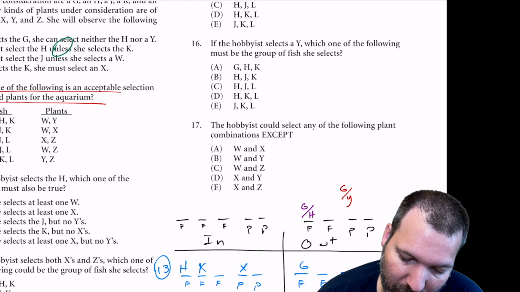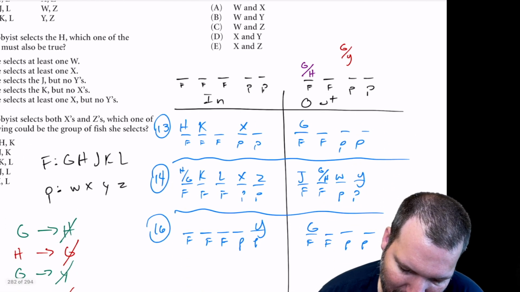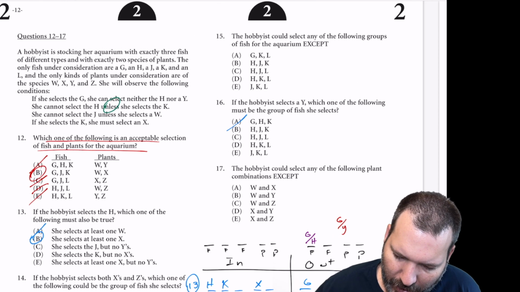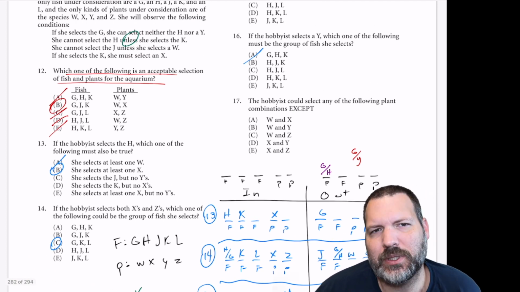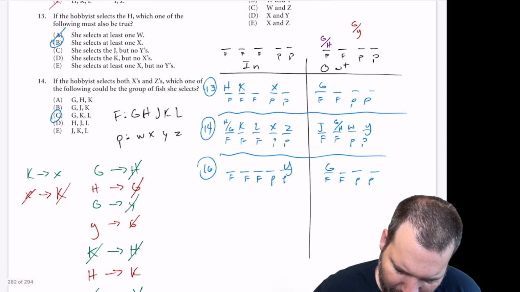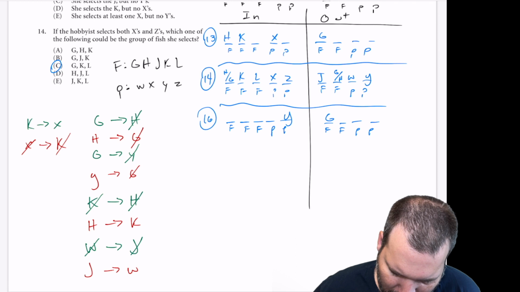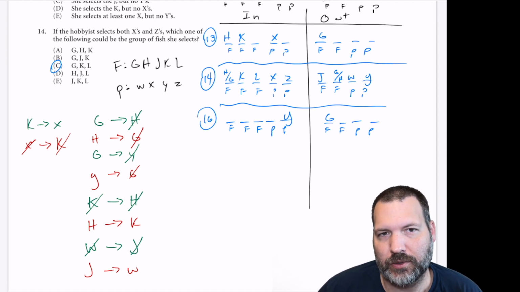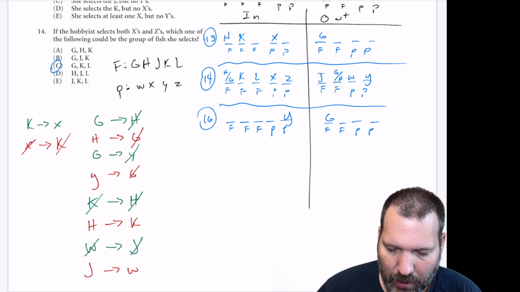Which of the following must be the group of fish she selects? That's interesting. So this is just a little bit strange. We know it can't be GHK because, of course, G is out. But it doesn't seem to me like that should require some other set of fish to be in. I mean, if H is in, K is in... I will say this, okay, I'm starting to see something. It cannot be the case right now that both J and K are in.